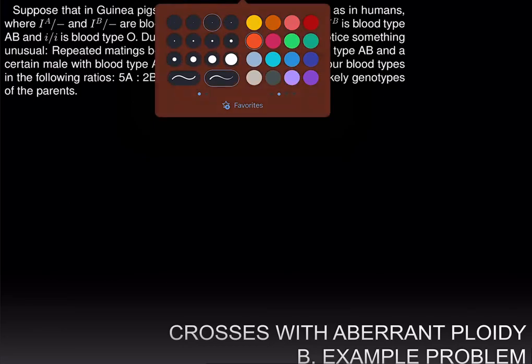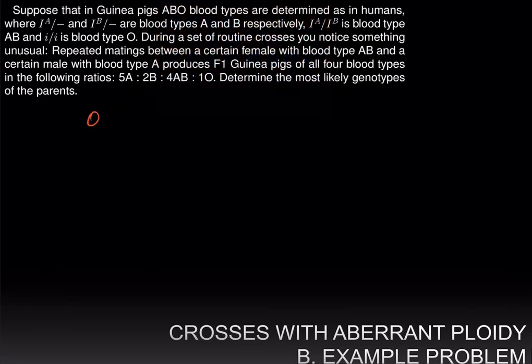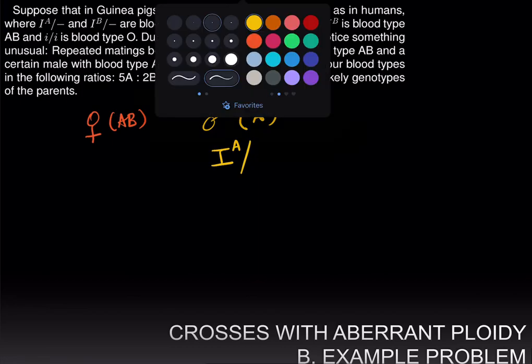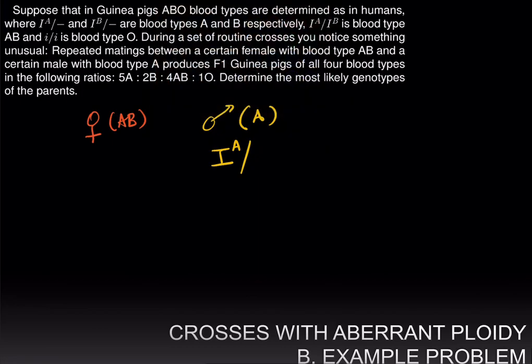Well, so the female is of blood type AB, while the male is of blood type A. Since the male has blood type A, they must have at least one IA allele, whereas the female, being blood type AB, must have both an IA and IB allele.